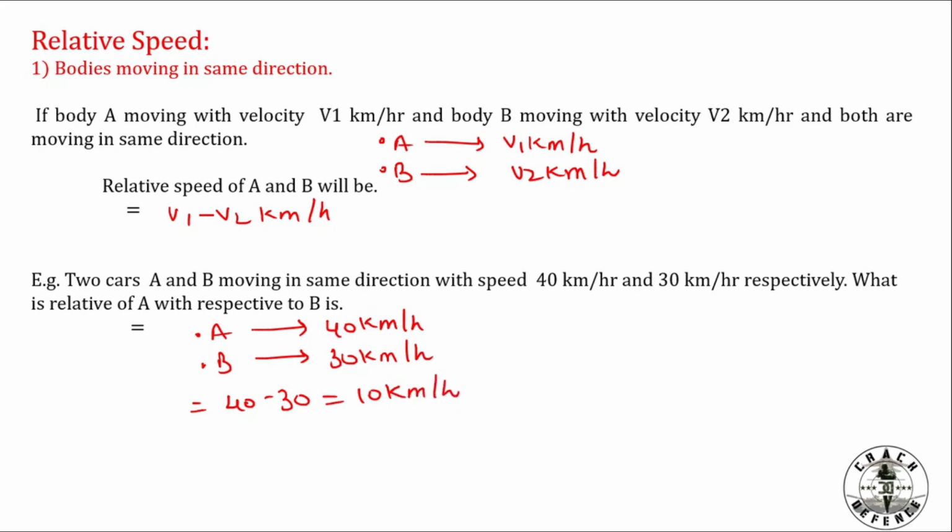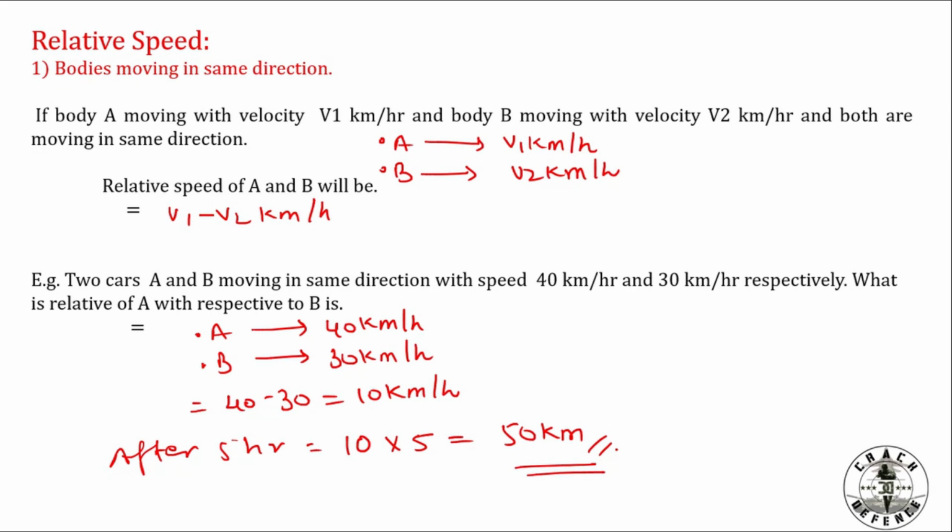And now if you want to find the distance between A and B after they travel for, suppose, 5 hours, we just multiply this 10 km per hour by 5 hours, and that makes it 50 km. So the difference between them would be 50 km.